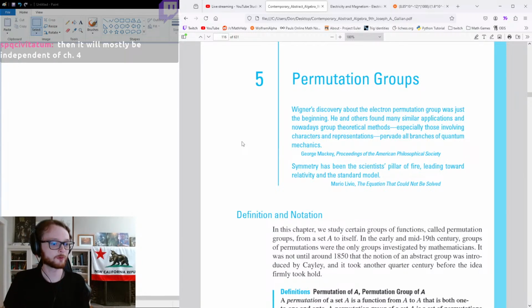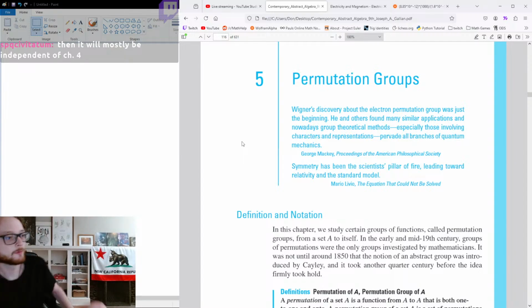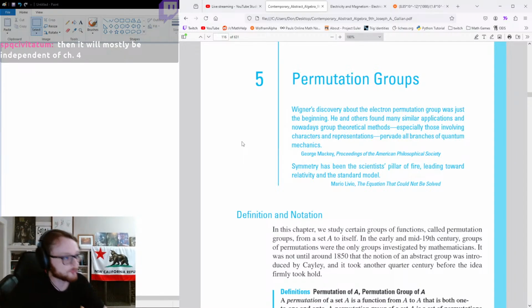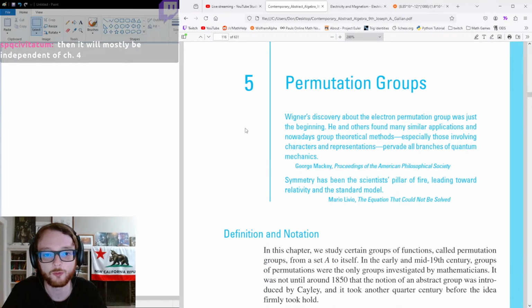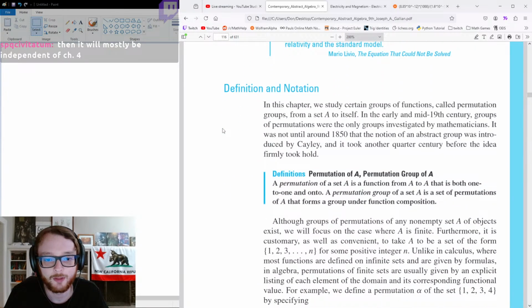Must be independent of chapter 4? Okay. Yeah, and even then, I'm only missing out on doing a couple problems of chapter 4. And chapter 4 is kind of lame to me anyway, so I'm not going to be heartbroken. I really just want to get into the isomorphisms, because I think that's where it's going to get a bit cooler. Like the higher level things, I guess.